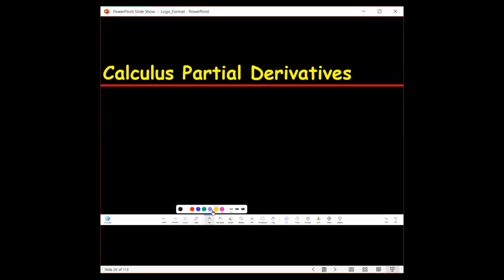Let's take a look at another problem. Okay, a function is given. Here we need to find zx, zxx, zy, and zyy.